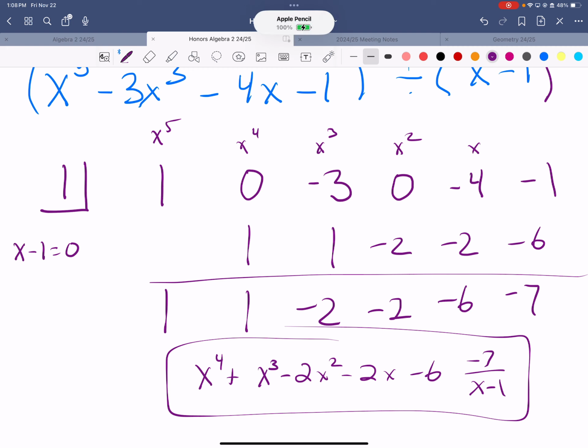Synthetic division is what this is. Remember when you're doing synthetic, this equals 0. Whatever makes your divisor equal 0, that's what goes there. Drop the first one down, do your math slowly.